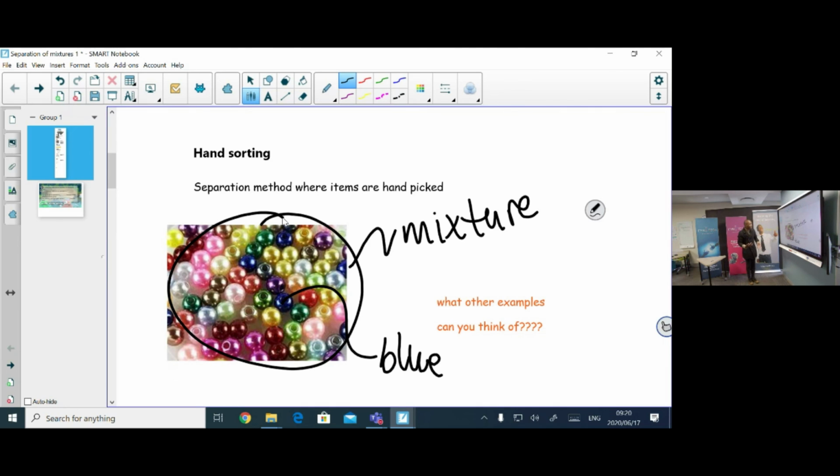And you're going to hand pick them out and separate them. This would be your mixture, and you'd be separating it by hand picking or by hand sorting.